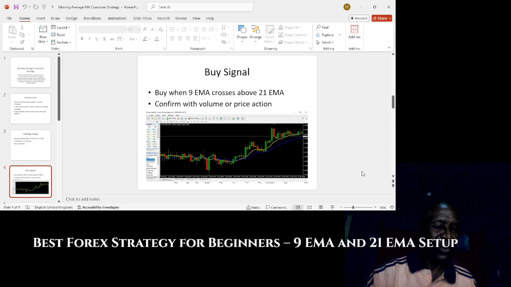In this example, after a period of sideways, which we call a ranging market, the yellow 9 EMA crosses above the blue 21 EMA. You can see the time. This crossover indicated a bullish move, which was followed by a strong upward trend. That's a buy signal.